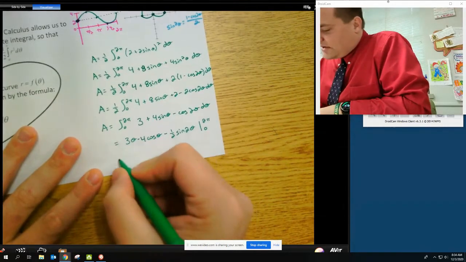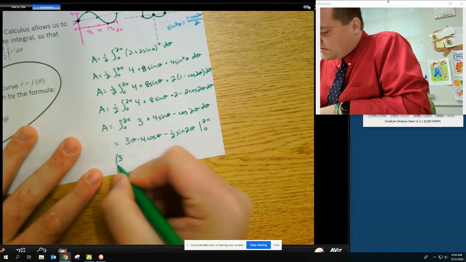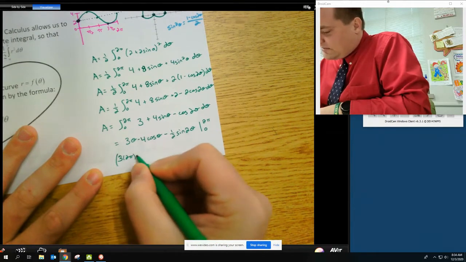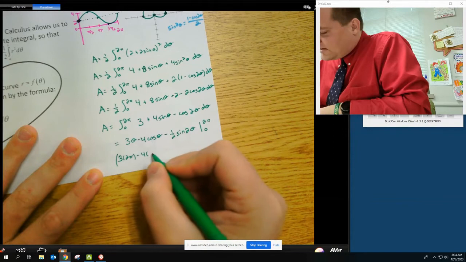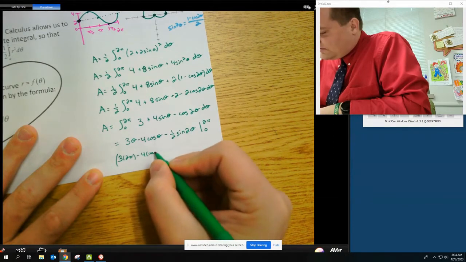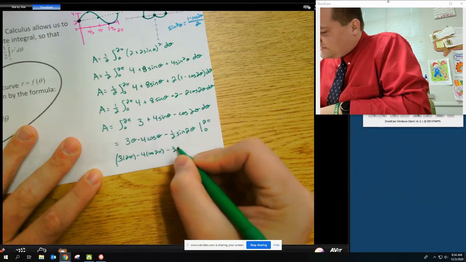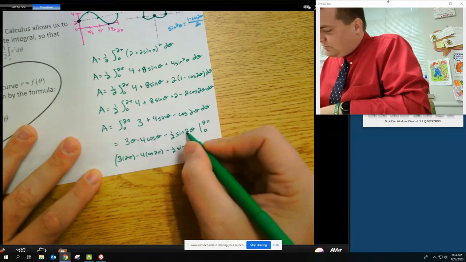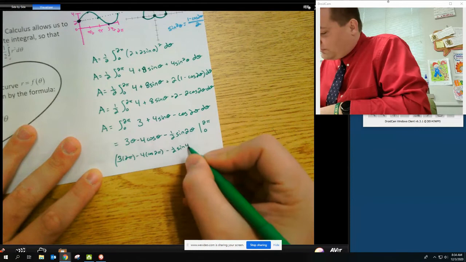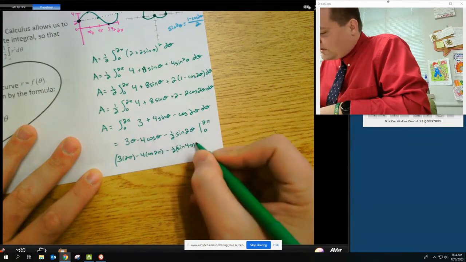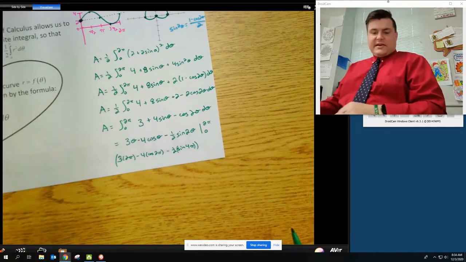So to do that, I'm going to get 3 times 2 pi minus 4 times cosine of 2 pi minus 1/2 sine of 2 times 2 pi, which is 4 pi. Get that lovely answer there.